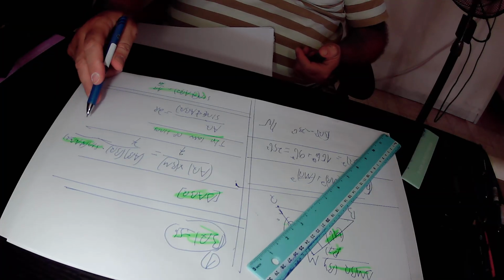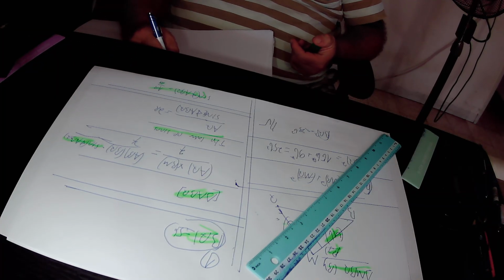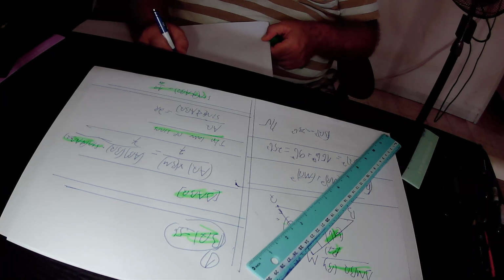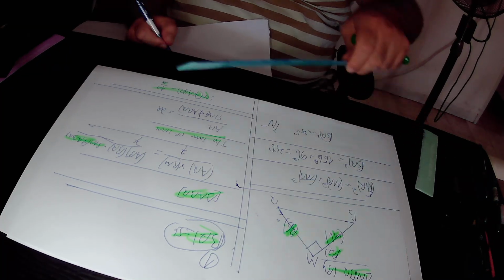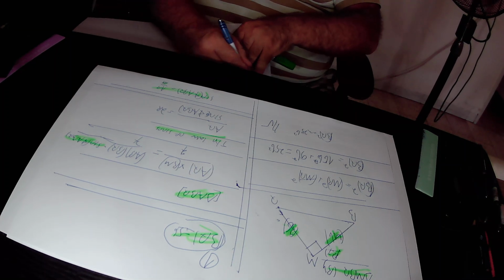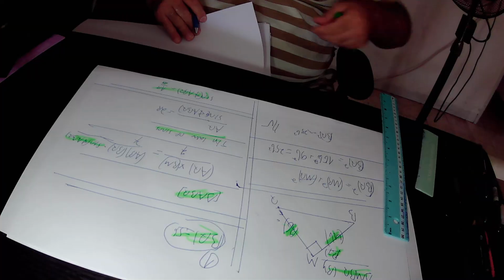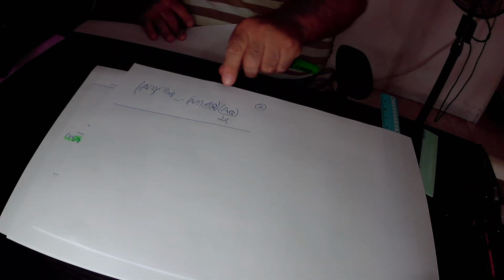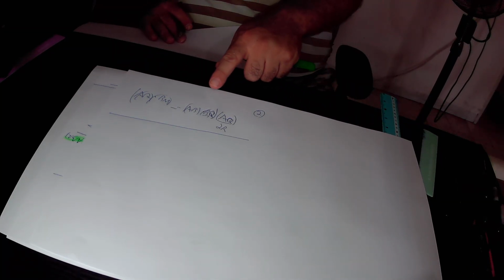So we substitute sine angle ABQ by AQ over 2R. So in total, AQ times BM equals AB times BQ times AQ over 2R.